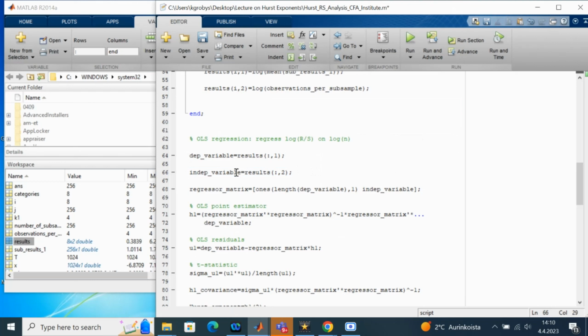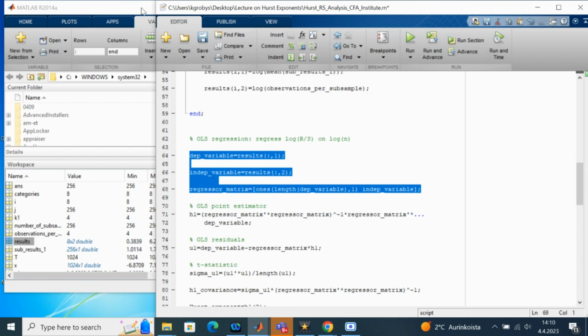Then we can define the regressor matrix X in the standard OLS framework. We need a vector of ones, which should have the length of our dependent variable, which is 8. So it's an 8 by 1 vector of ones. This is what we have defined here. And the second column of our X matrix is simply our independent variable, which corresponds to the logarithm of the cluster size.